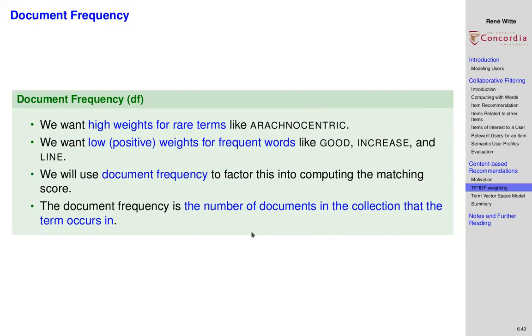So that's the document frequency. If this word only appears in one document, then the document frequency is 1. If we have another word that appears everywhere, like "the", and we have 1,000 documents and it appears in all 1,000, then the document frequency would be 1,000 because it appears in every document.